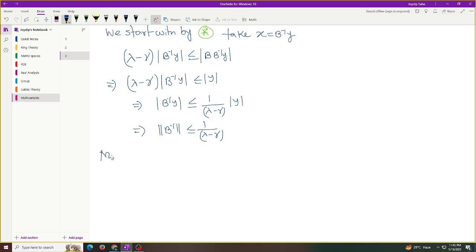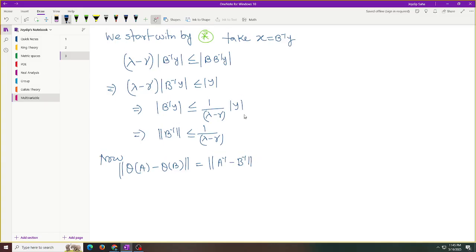now theta A minus theta B, norm A inverse minus B inverse, this is our theta map.